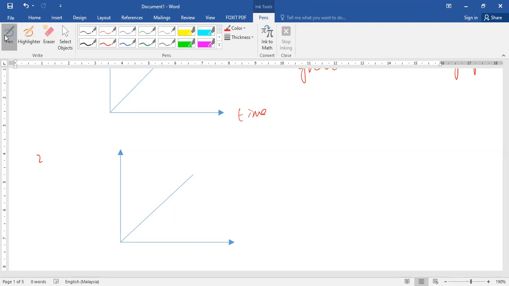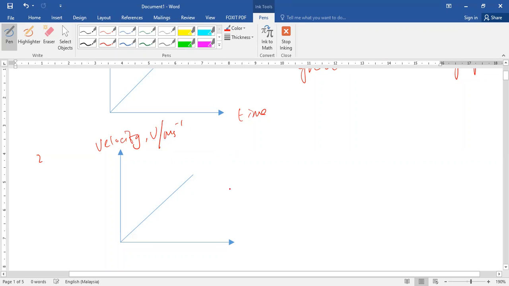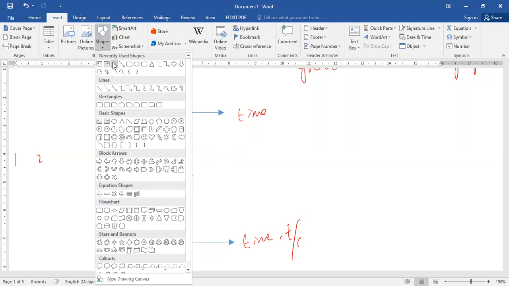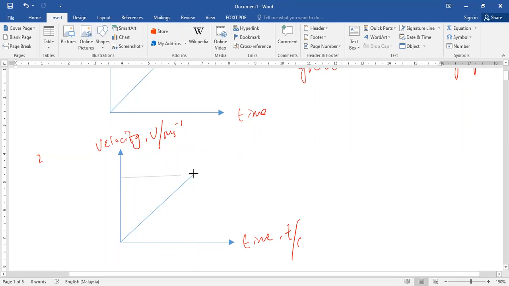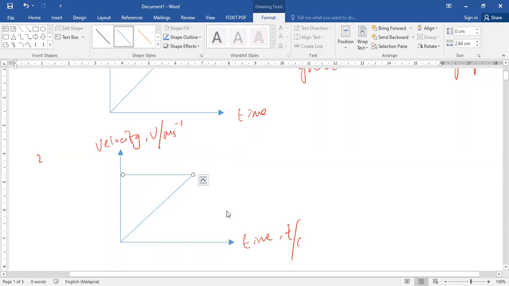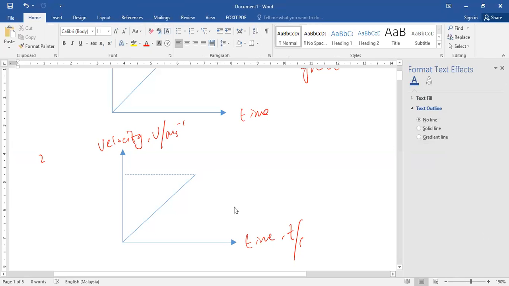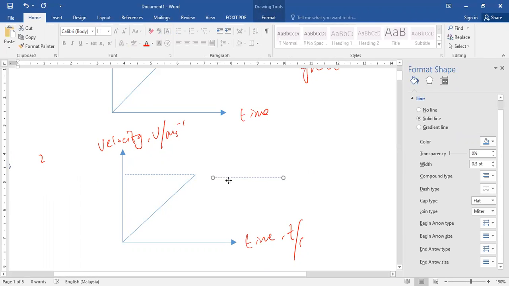Okay, so let's say this is velocity, v in m/s, and time taken t in seconds.